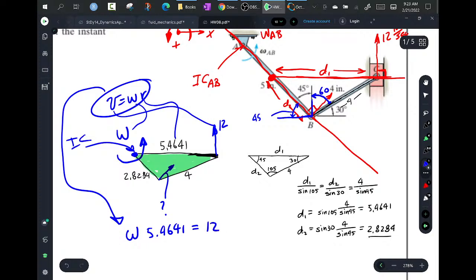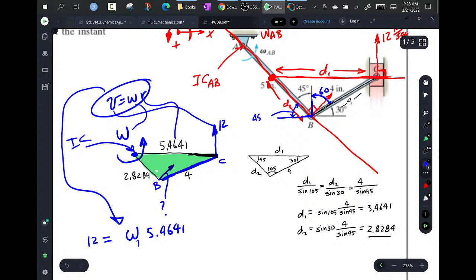5.4641 times omega is equal to 12. I rearranged it because the 12 is the velocity, so if you want it exactly, you get 12 over there, and this would be the omega BC. You have to ignore the fact that this link exists for a minute and just focus on this link, which goes from here to here, with B here and C here.